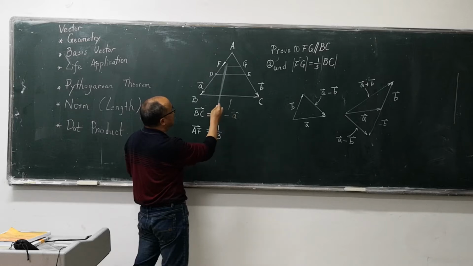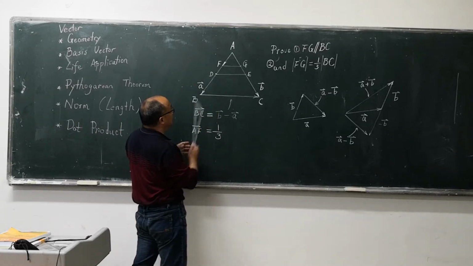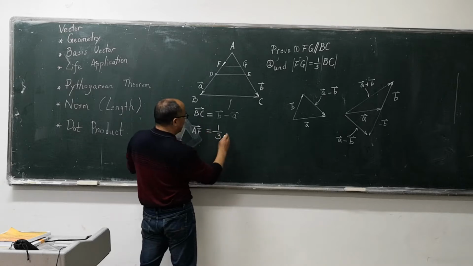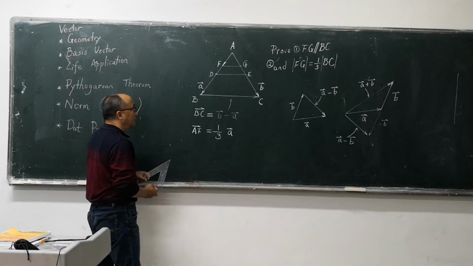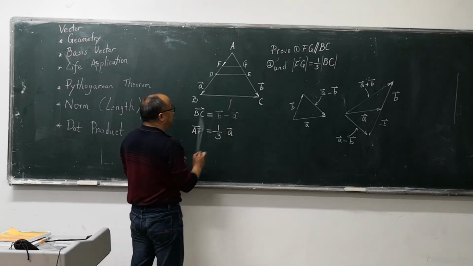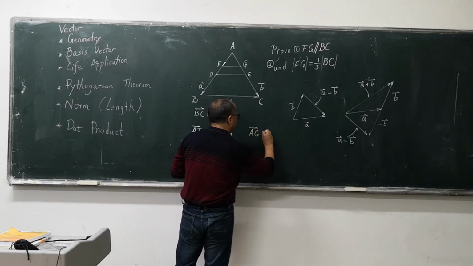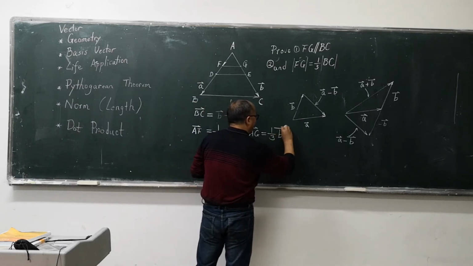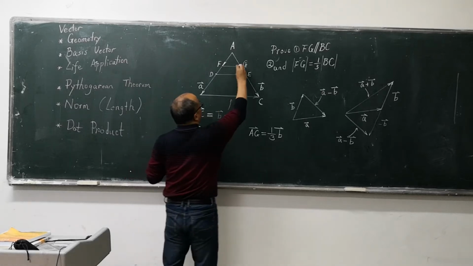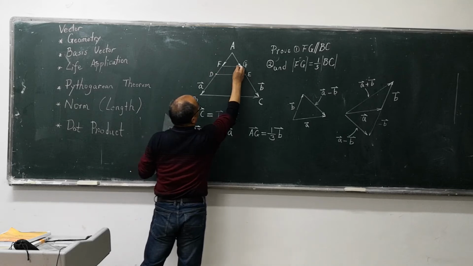This point is a 1/3 point, and this is the middle point. AF is 1/3 A. And similarly, over this side, what is the vector AG? 1/3 B. Yeah, good.